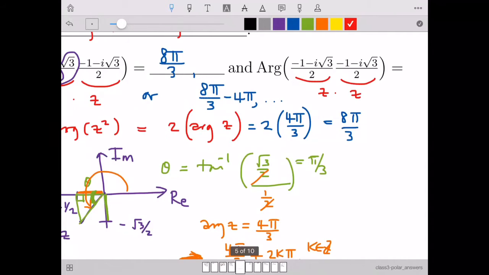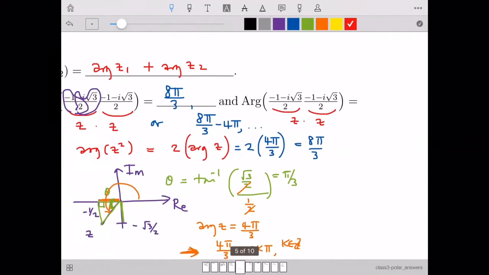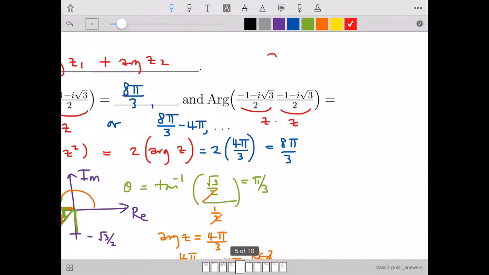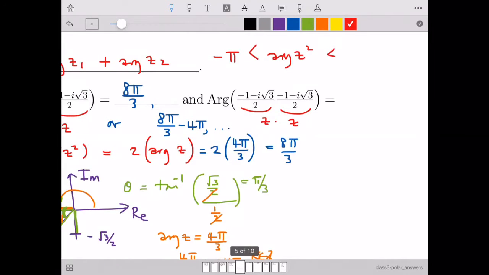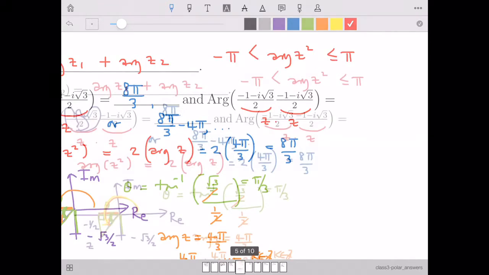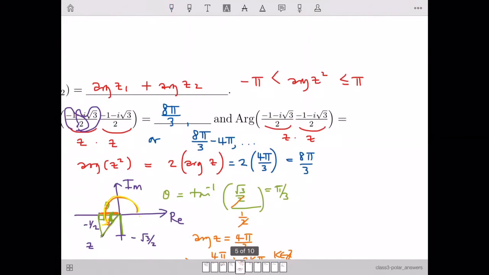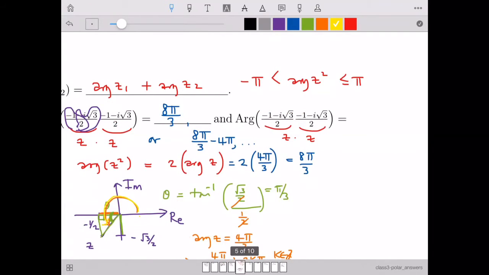Among the arg of Z squared, we have to pick one greater than minus pi and less than or equal to pi. So see what we have.